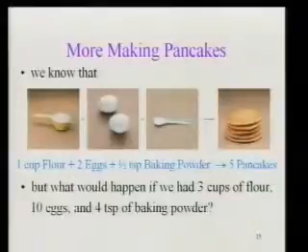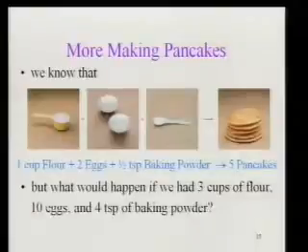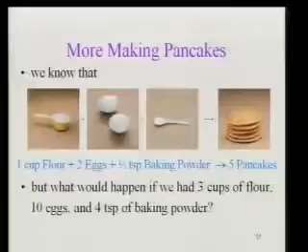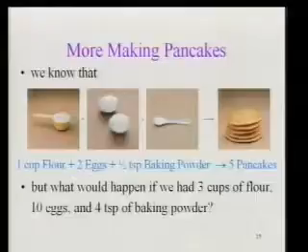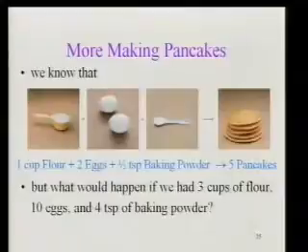What I want you to do, which is what you did in your head, you just don't realize it, is take your 3 cups of flour, figure out how many pancakes that could make. Then take your 10 eggs and figure out how many pancakes that would make. Then take your 4 teaspoons of baking powder and do the same, and guess what? Whichever one of those produced the fewer amount of pancakes, obviously is going to be your limiting factor here, right?